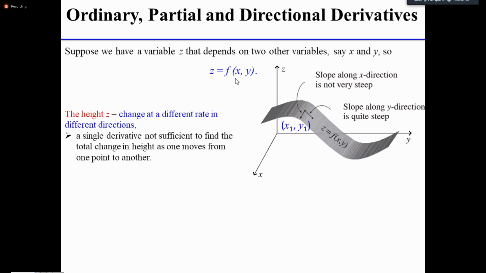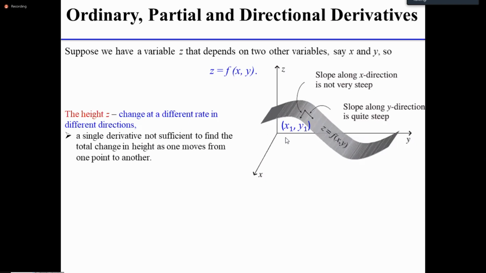It means if you want to give the rate of change of this function, then that rate of change cannot be given with df over dx or df over dy. You need at least two derivatives, or the change in the function cannot be given with a single derivative.